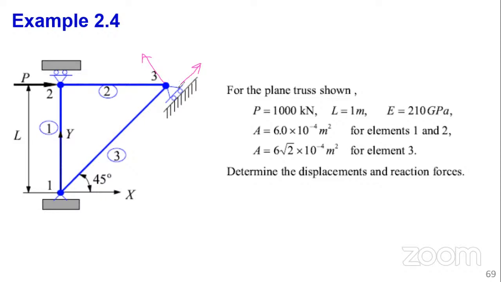So the boundary conditions are oriented in different coordinate systems. Of course, this one and this one, they're in the same coordinate system. And the overall global coordinate system is the usual x and y that you know, horizontal and vertical. It's indicated here, this x and this y.